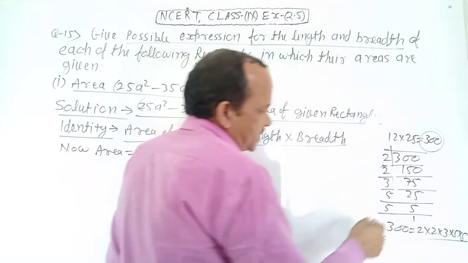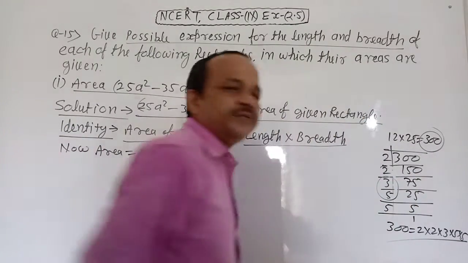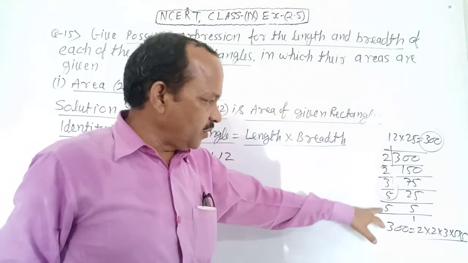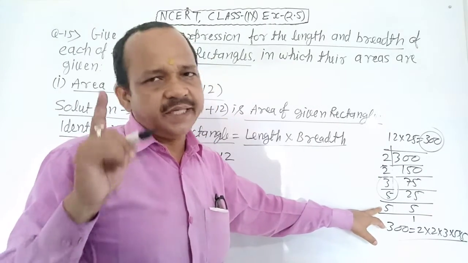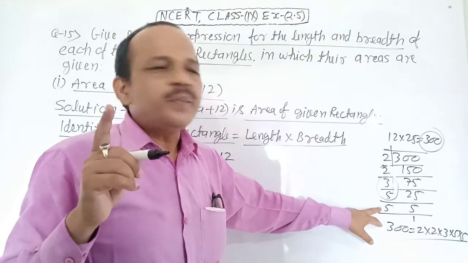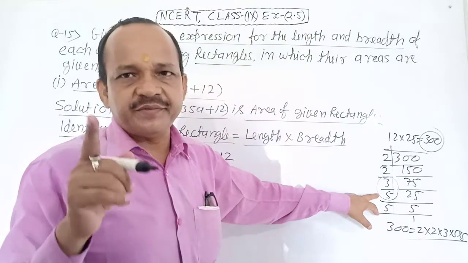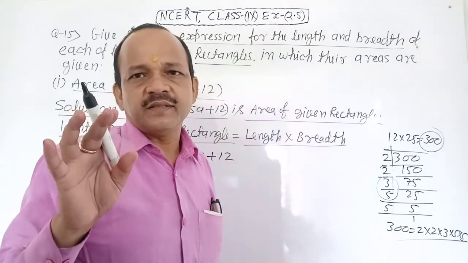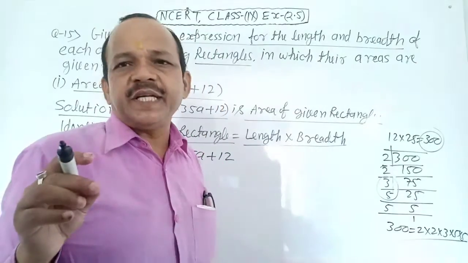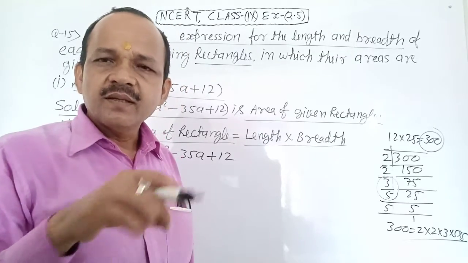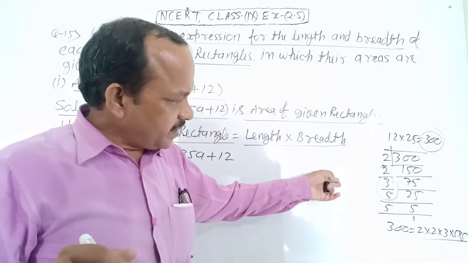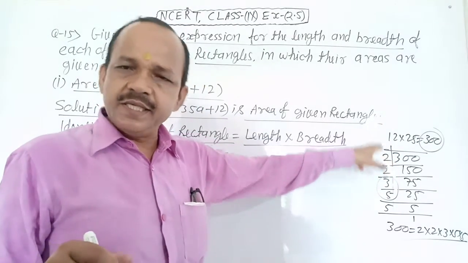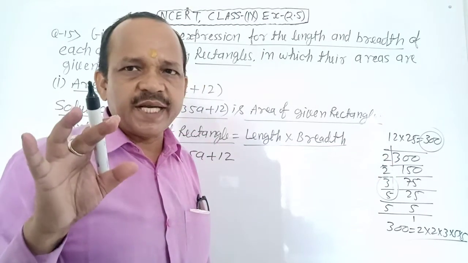First pair is 5 times 3, 15, and second pair is 2 times 2 is 4, 4 times 5 is 20. It is correct. 20 and 15 add up to 35. 20 multiplied by 15 becomes 300. It is correct. Clear? No confusion about it.